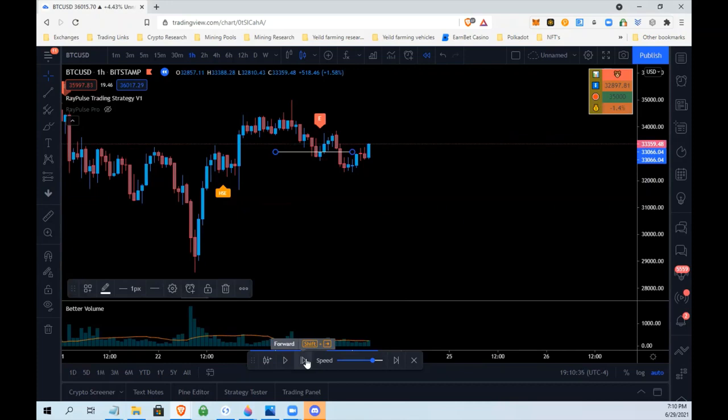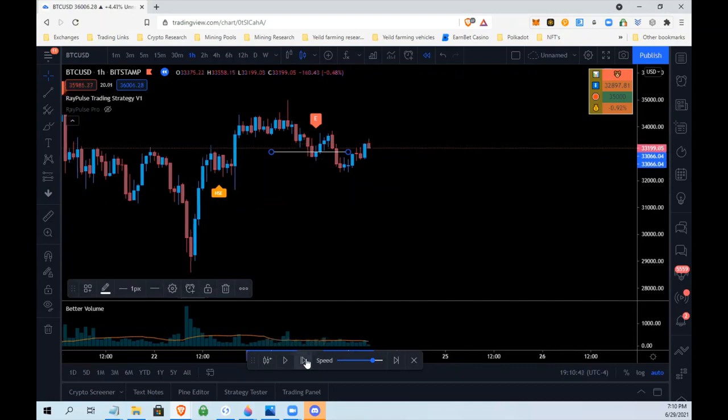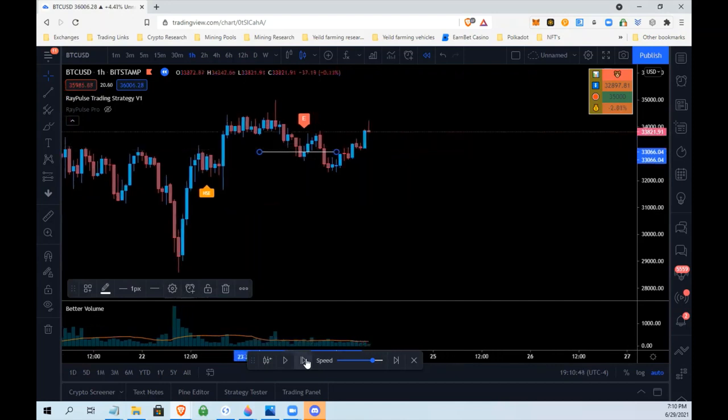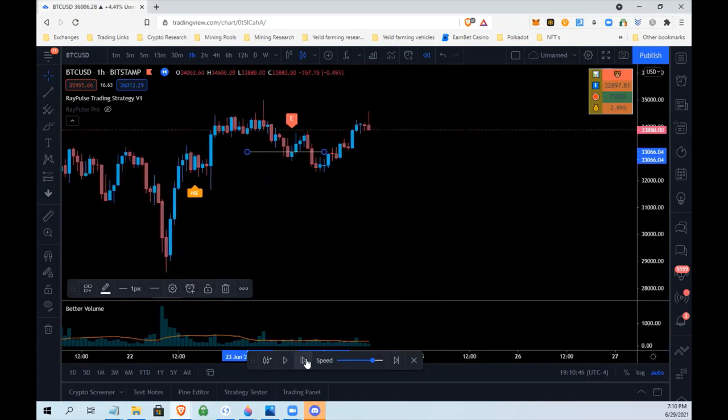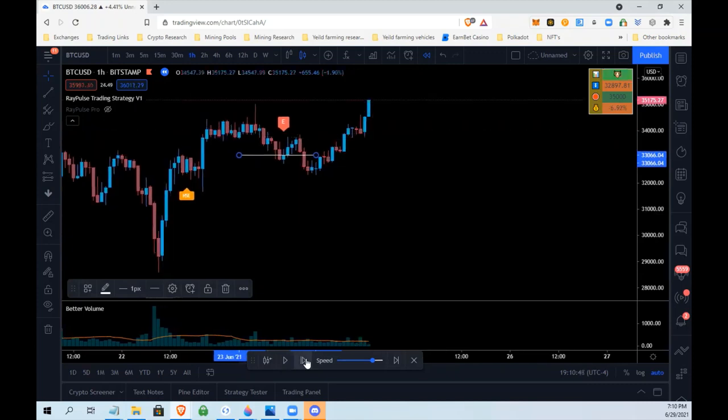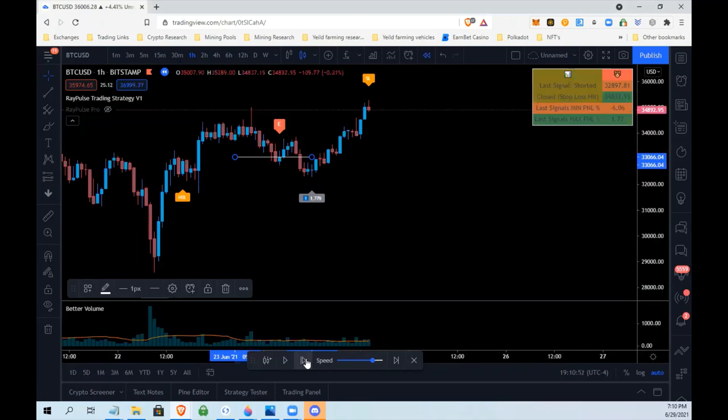So now we would have been stopped out of the trade after having taken profit, and our stop is at break even. However, if we had not taken profit and we're still in this position, it ends up going to the stop loss here.